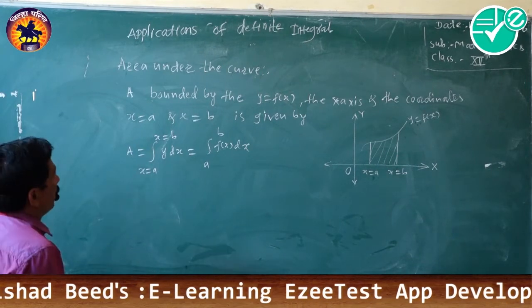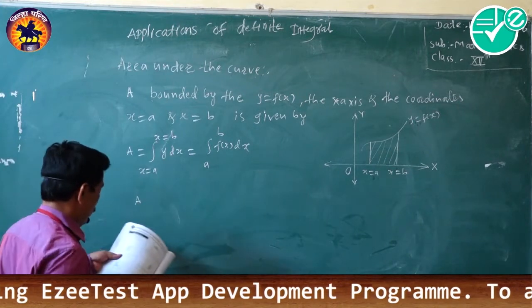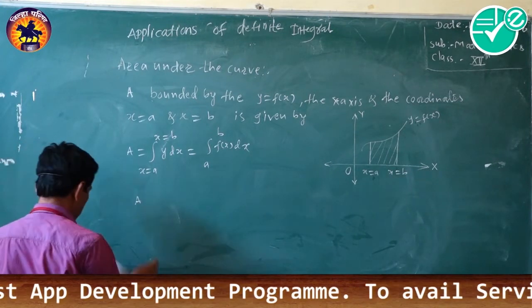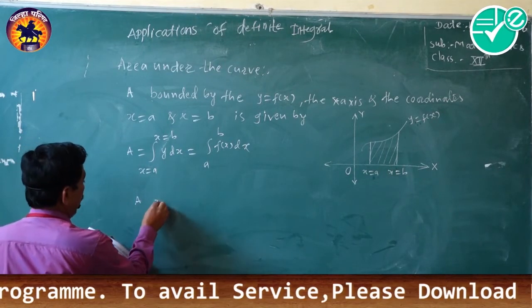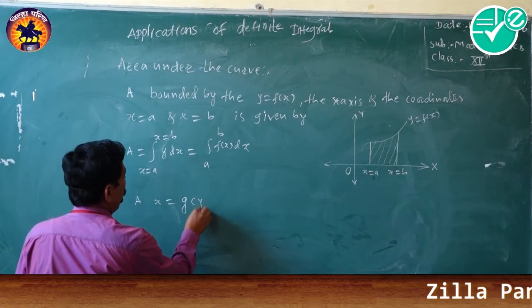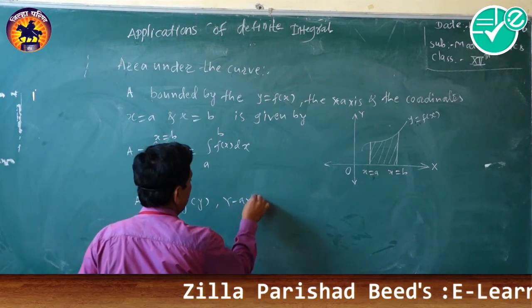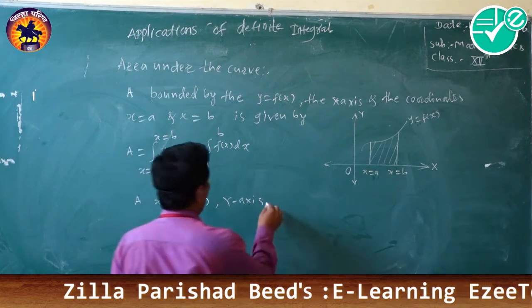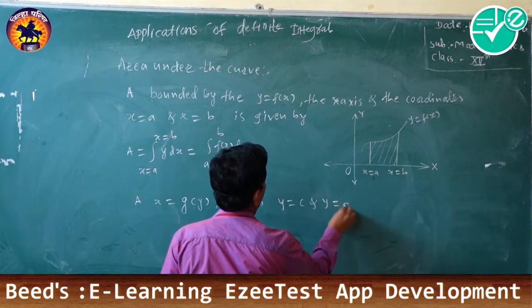Again, the area A bounded by the curve x is equal to g of y, the y-axis, and the coordinates y is equal to c and y is equal to d.